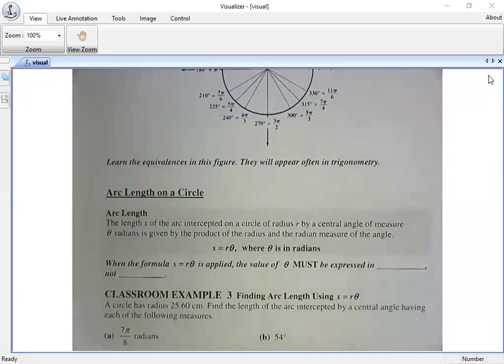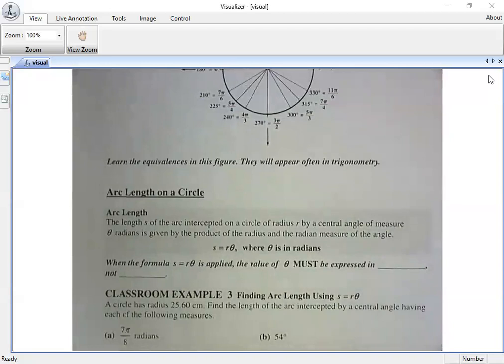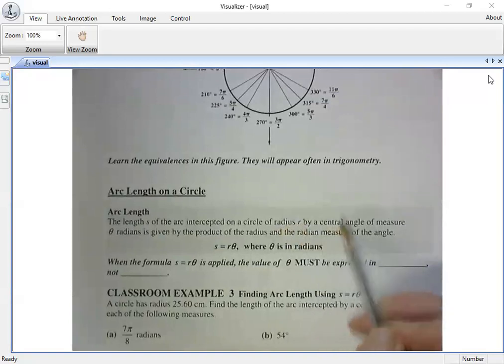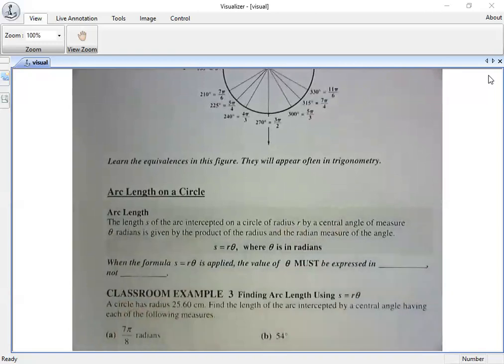And let's talk for a second about arc length. We used S earlier in defining what a radian was, that arc length measure divided by the radius. And so S simply means it is the length of that arc that is intercepted on a circle of radius length R by a central angle of measure theta radians.